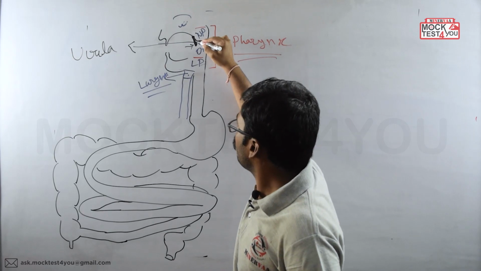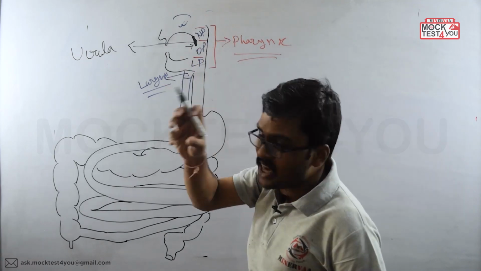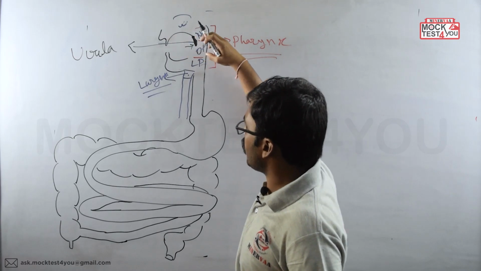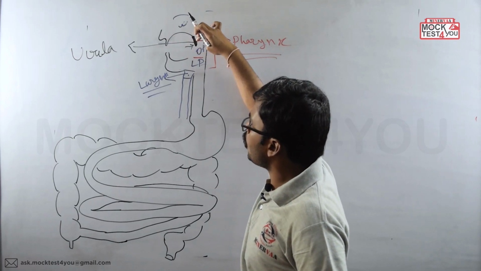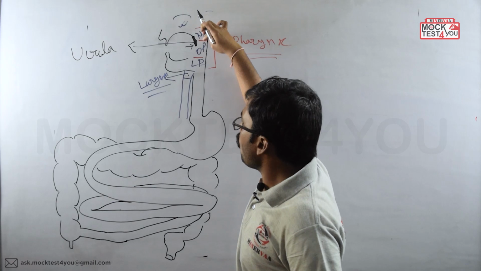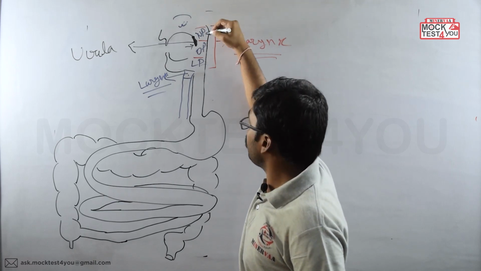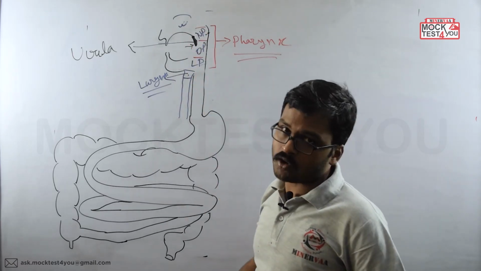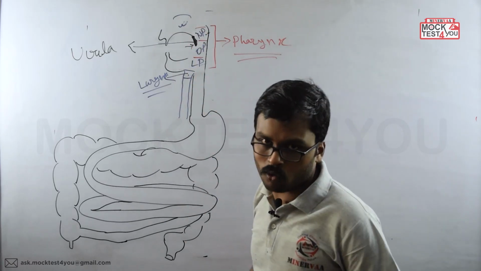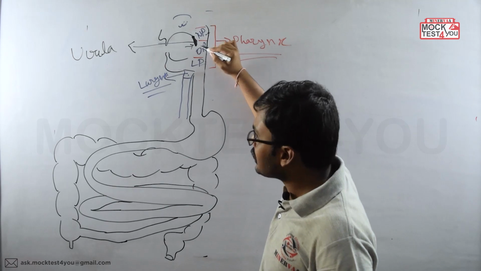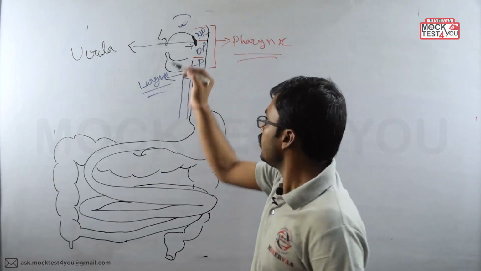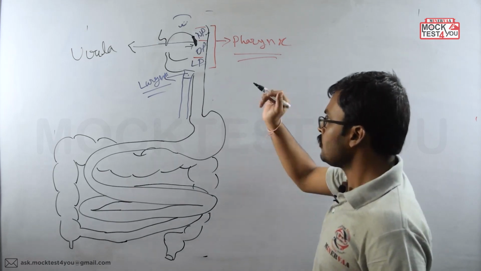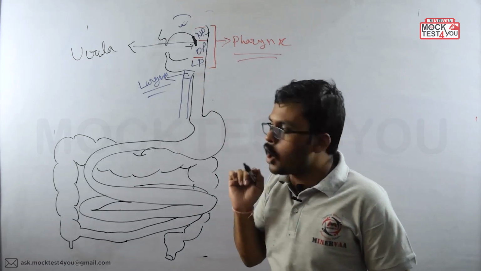Whenever we are trying to swallow the food, because of the pressure of food on it, the uvula moves in the upward direction and closes the opening of the nasal cavity, the inner nares at the nasopharynx region. So the food can't move upward after that, it will come down only. Clear? That's how the uvula works in the body.